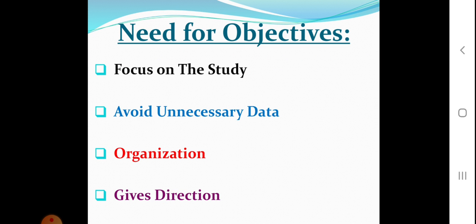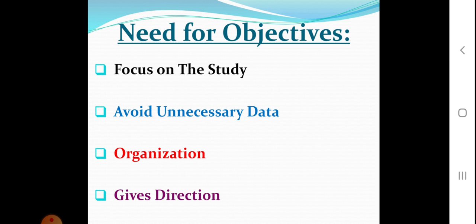A clearly defined research objective will help the researcher to focus on the study. The formulation of research objectives helps in narrowing down the study to its essentials. It will avoid unnecessary findings which otherwise lead to wastage of valuable resources.